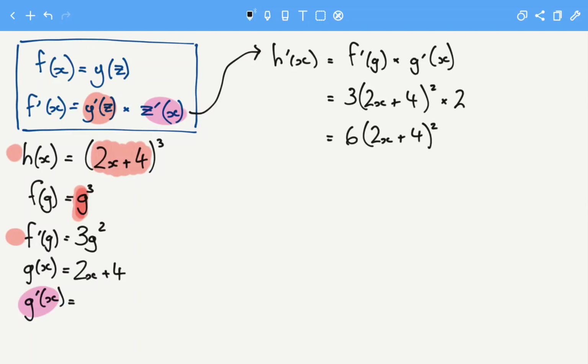So g(x) equals this, which is that. And if we differentiate that, it's just going to be 2, because that's what we learned in the last lesson. That x is to the power of 1, we multiply it out, 4 turns to 0, 2x turns to 2. If you're stuck on that, I'd advise you to go and watch the previous lesson, because that goes through that quite well.